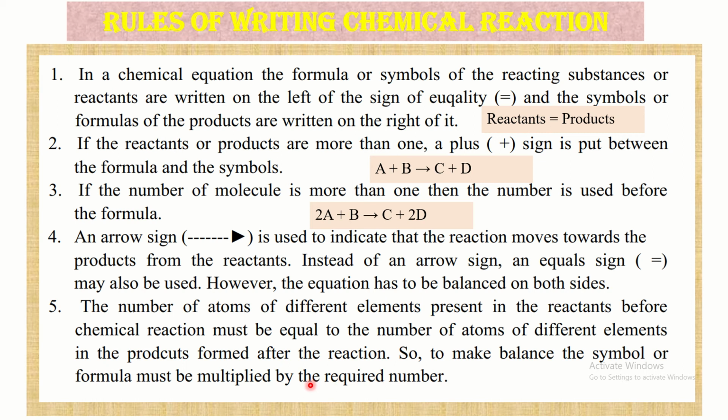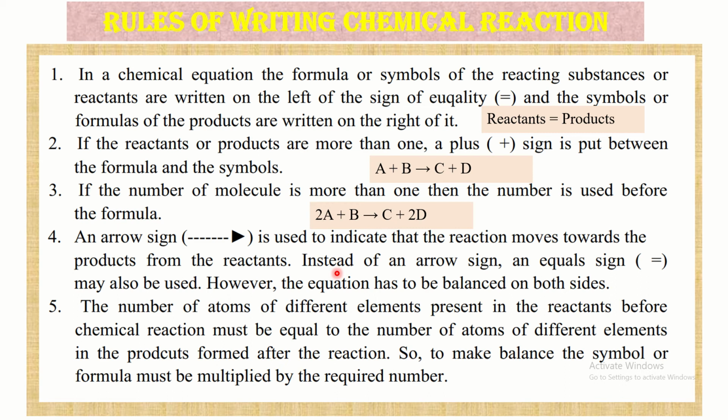That means you can put an equal sign, but to put an equal sign you have to balance the reaction. Balancing means the number of atoms of reactants and products must be equal. You know, in a chemical reaction, no new substance is formed and no substance is destroyed. So, on the reactant side and on the product side, the mole number must be equal, the atom number must be equal. And to make this equality, we have to multiply the symbol or formula by the required number.